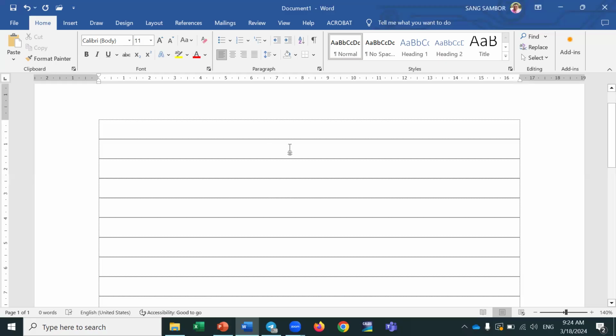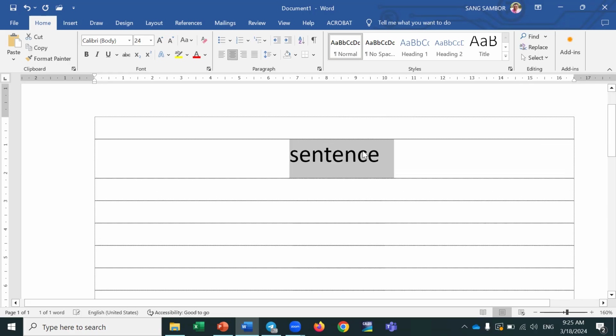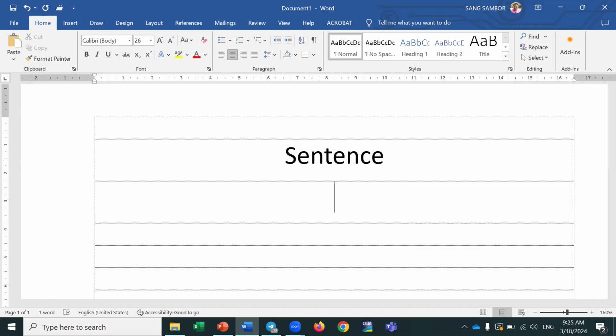So here, you probably look at the sentence, okay? Usually, we all know that the sentence is formed by combinations of words, putting words together, okay?